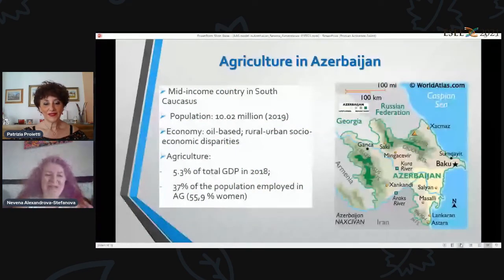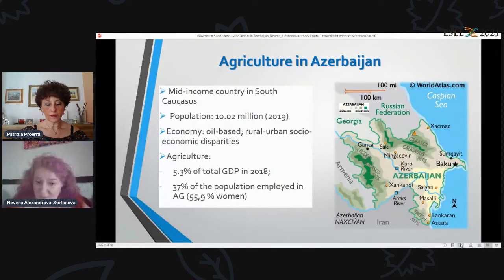So Azerbaijan is a very interesting country. It's a mid-income country in the South Caucasus, at the border of the Caspian Sea, with a population of 10 million people, and the economy is an oil-based economy so far, but with a good agriculture potential. Unfortunately, there are rural-urban socioeconomic disparities that are quite significant.